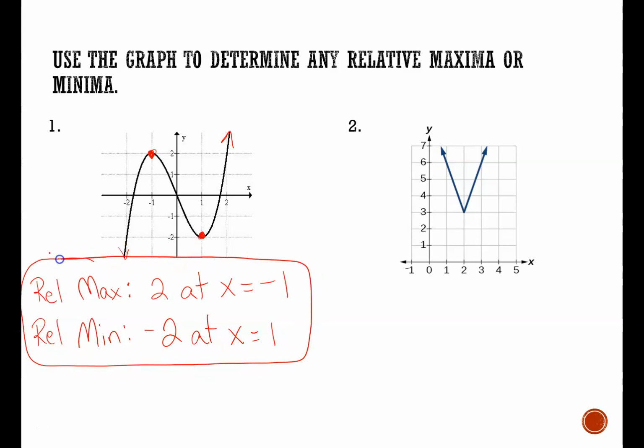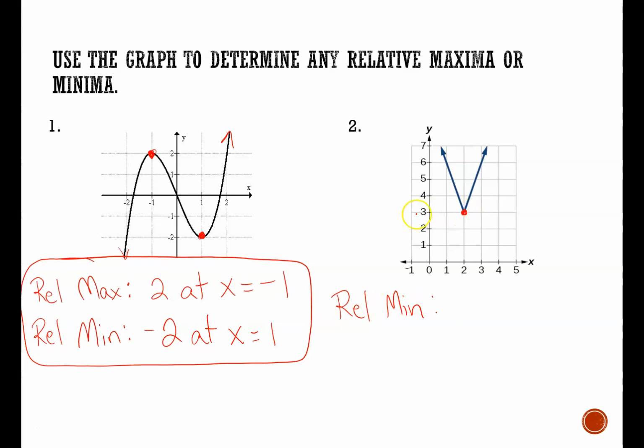And sometimes there could be more than one, max or min, or there might not be one at all. Like number 2 has a low point. This is the low point. And even though it actually is the very lowest, it would be the absolute minimum. We are just going to call it a relative minimum because that's all we're working with right now.